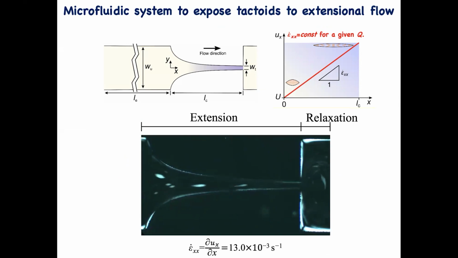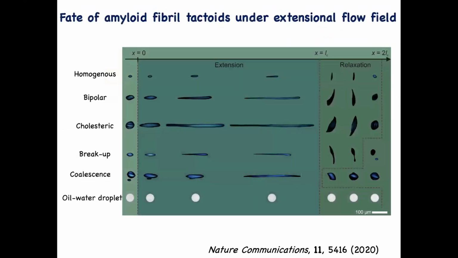Not only do they stretch, if they come close, they rarely coalesce because there is such a low gain in making two droplets into one. Some of these droplets stretch even 30 times, and then they rotate and they relax back.